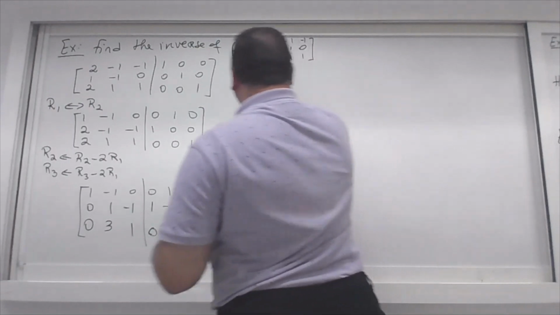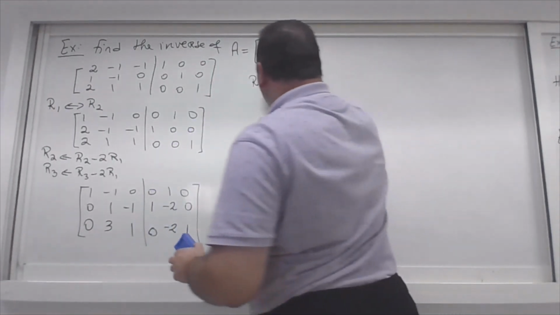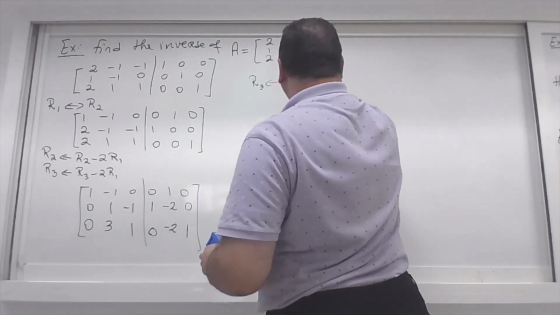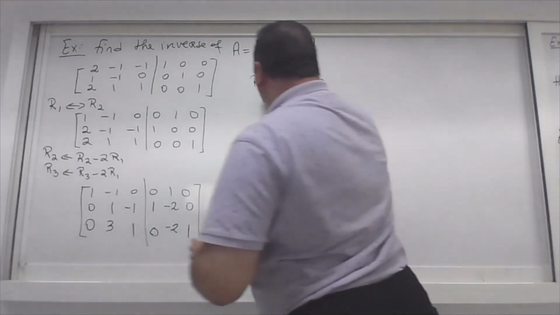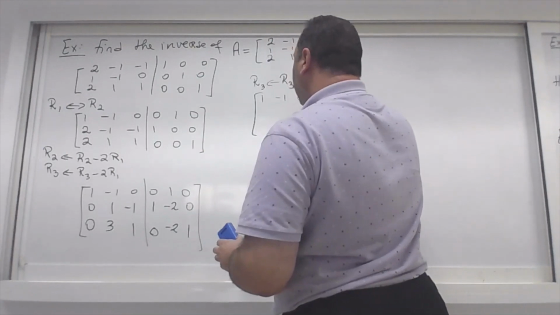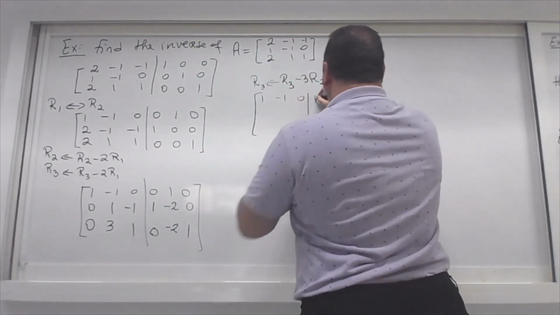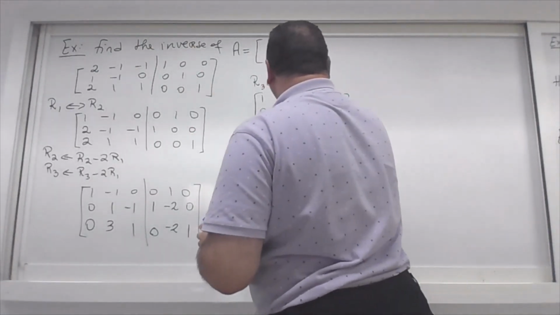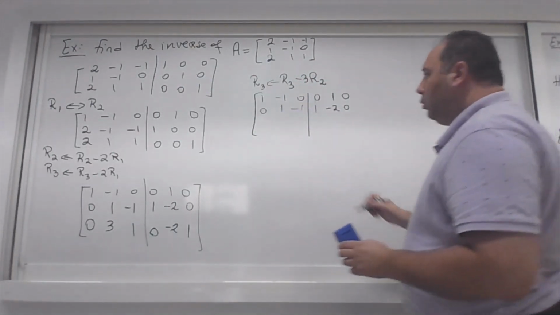So I replace row 3 by row 3 minus 3 times row 2. Ta-da! So copy row 1, hopefully no errors. And then row 2. Now working on row 3.